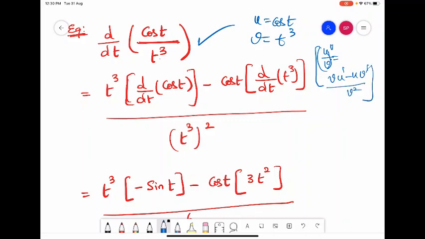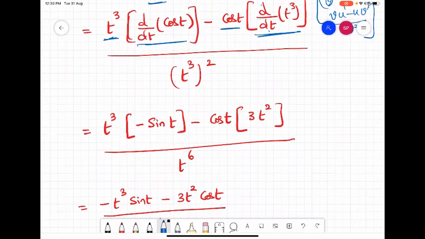This is the formula. So take the denominator first. The denominator is t cube into the derivative of the numerator, d by dt of cos t, minus the numerator cos t into the derivative of the denominator, d by dt of t cube, by the denominator square, t cube whole square.